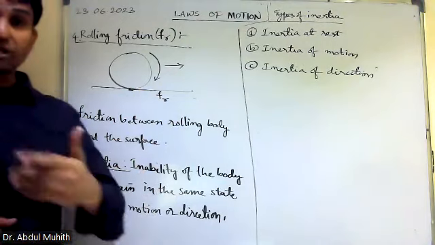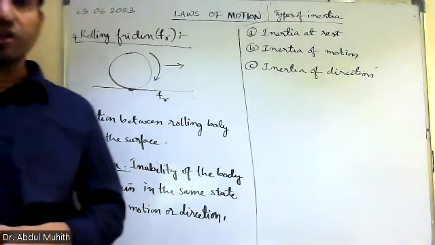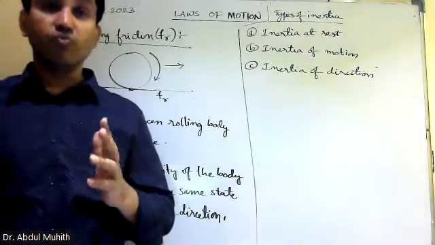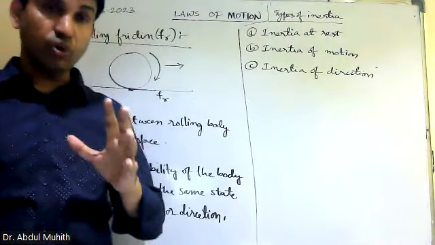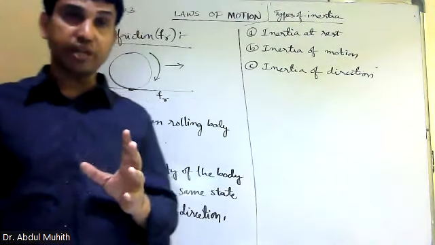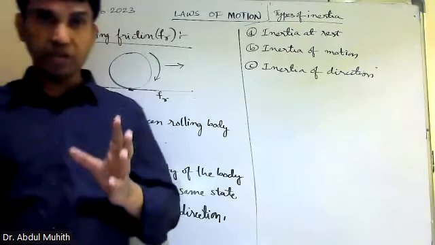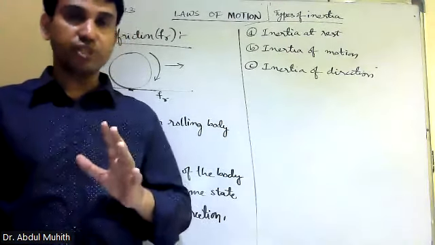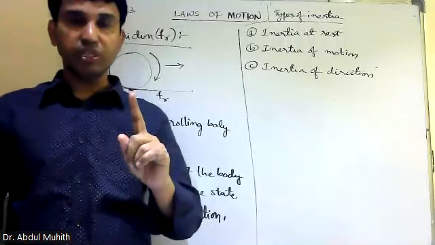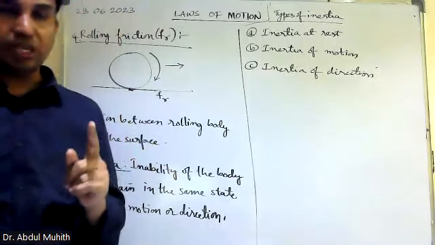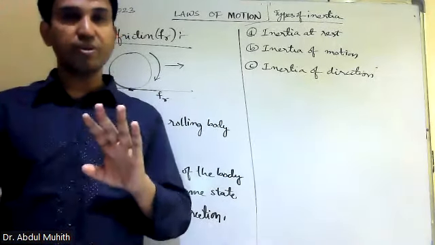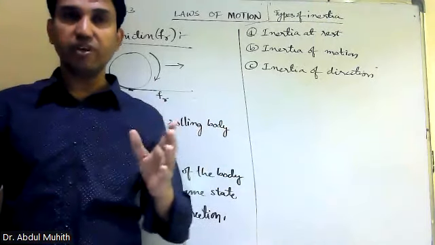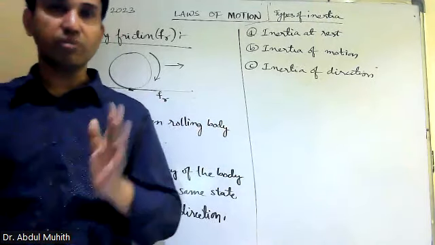Next is the second concept, given by Newton's first law of motion, which is inertia. In the whole of mechanics, whichever engineering you go to, the first year out of four years has a common syllabus. The first two semesters are common to every engineering, whether civil, mechanical, EEE, ECE, or computer science.